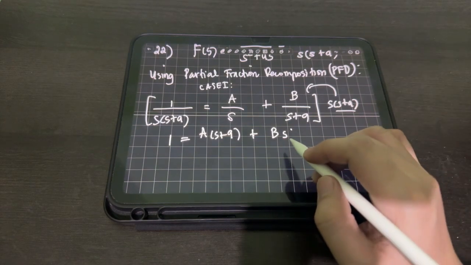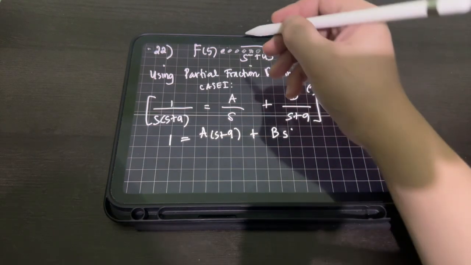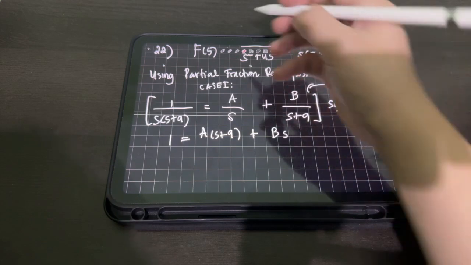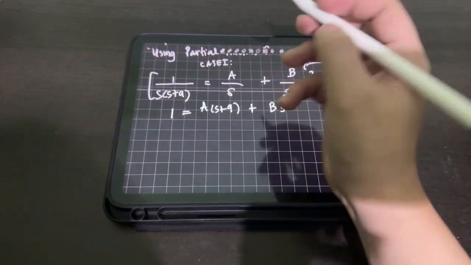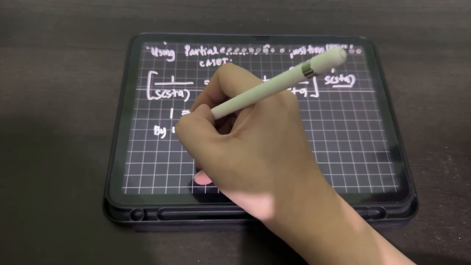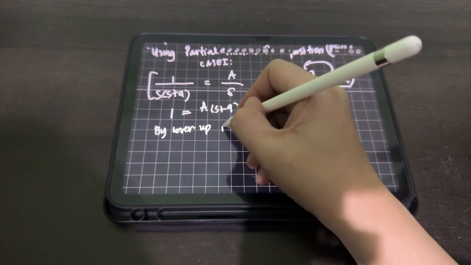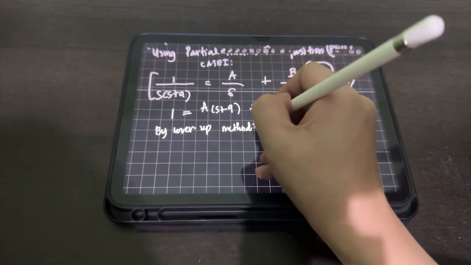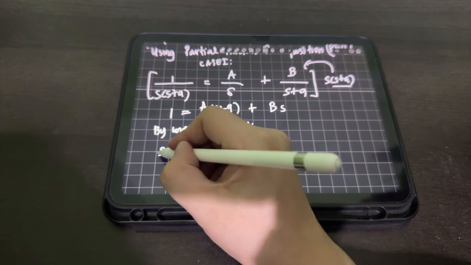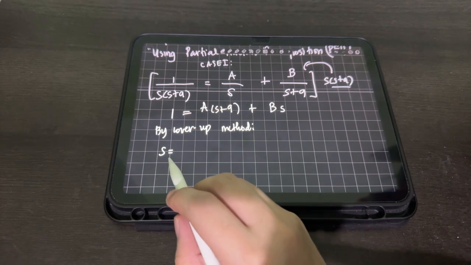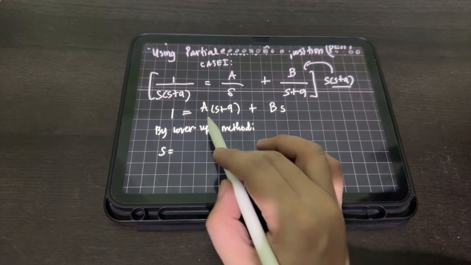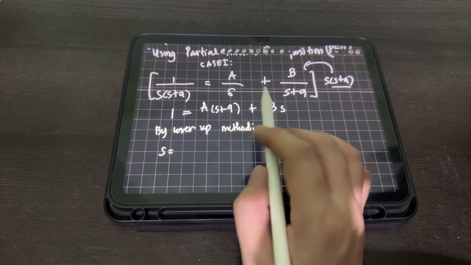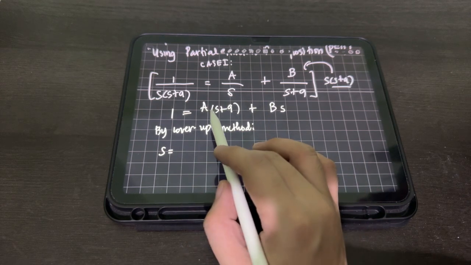It's better to use the cover-up method if it's case 1. Because by the cover-up method, you will just need to assign a value of s in order for you to solve a particular unknown. Let's say if you want to solve for A first.